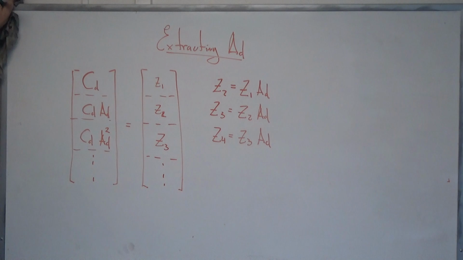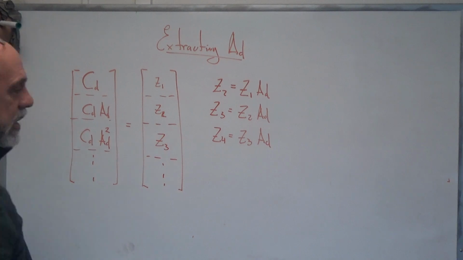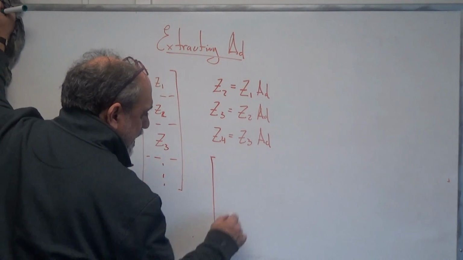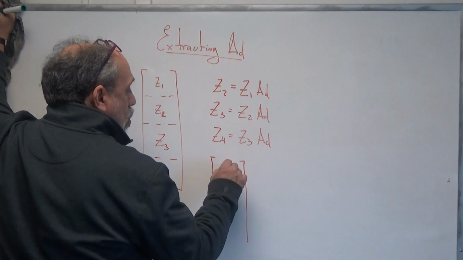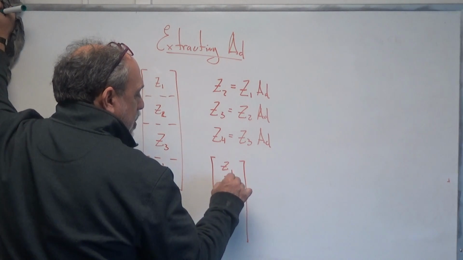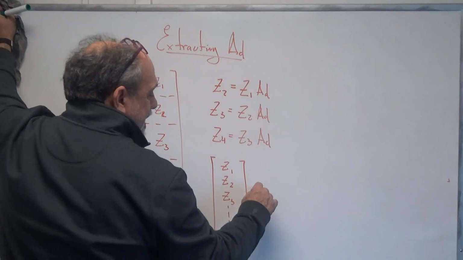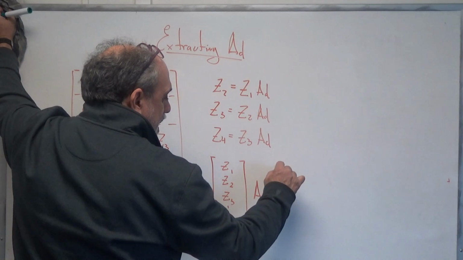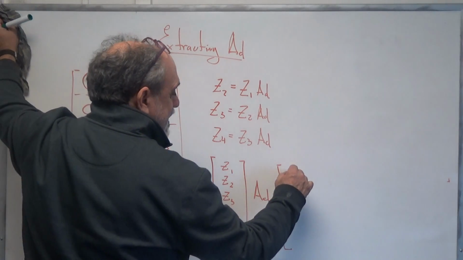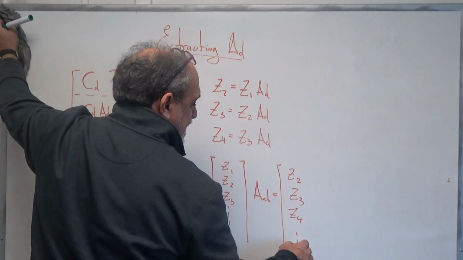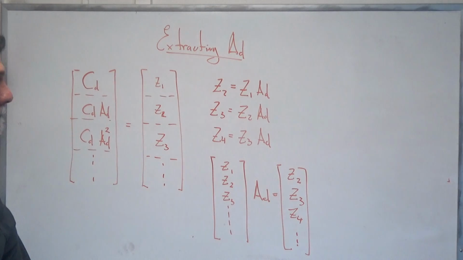And of course, we know these blocks, right? It's not that we know the C and the A, but we know we have a realization for the observability block, right? From here, you can see that you can stack Z1, Z2, Z3, etc. And that times AD is equal to the stack Z2, Z3, Z4, etc. Okay?